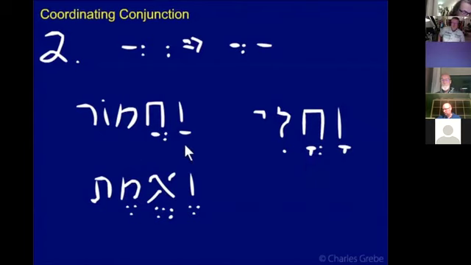So vachamor, ve'emet, vochali. You see three different ways that this can show up, with a patach, with a segol, with a kametz hatuf. But they all follow the second rule of shava faithfully. So it's not odd in terms of what we would expect.